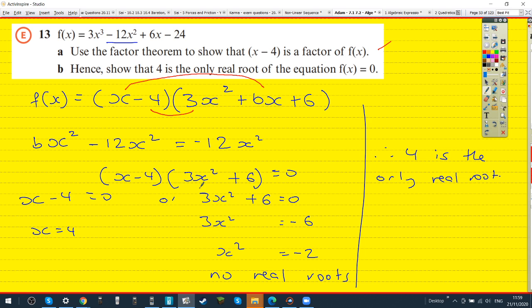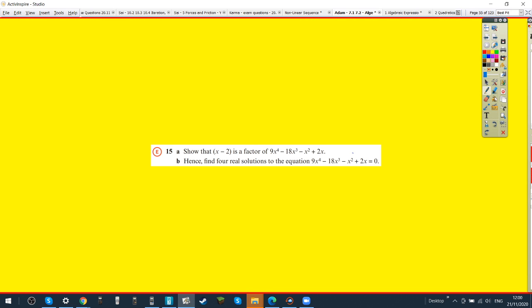So you multiply it out so you can compare, so you can get the second bracket. And once you know what the second bracket is, what do you do? You have to solve, factorize and solve. You try to solve the bracket and you show that you can't because you have a negative. That's how you show that there's only one root in that case.